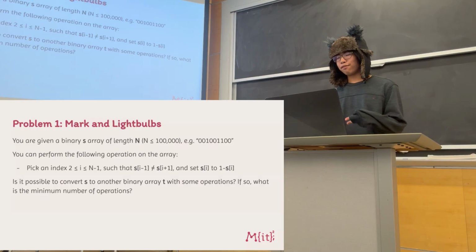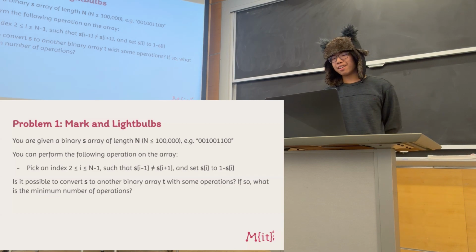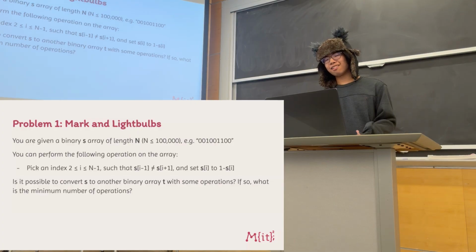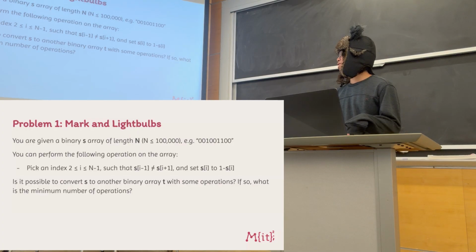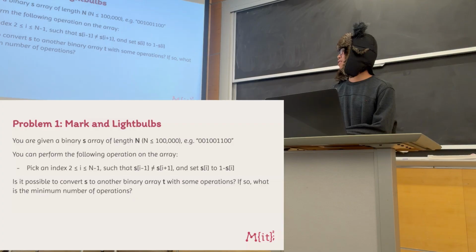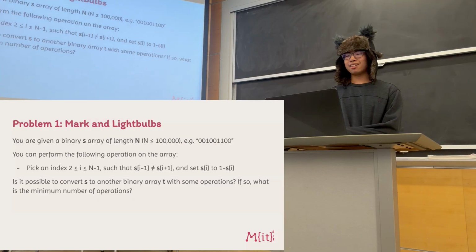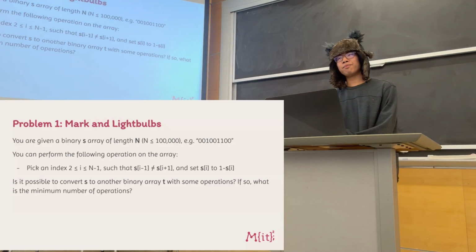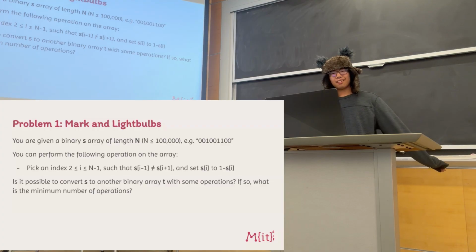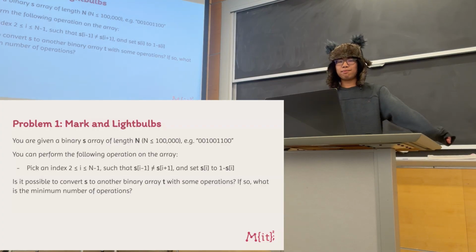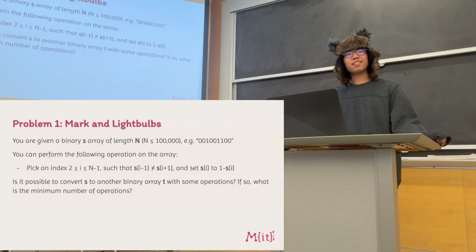And then you invert the number at the index. So you set s[i] to 1 minus s[i]. If it's 0, it turns into 1, and if it's 1, it turns into 0. So is it possible to convert this binary string s to another binary string t with some operations? If so, what's the minimum number of operations? I'll give you a bit to process this problem, and then I'll get into it.